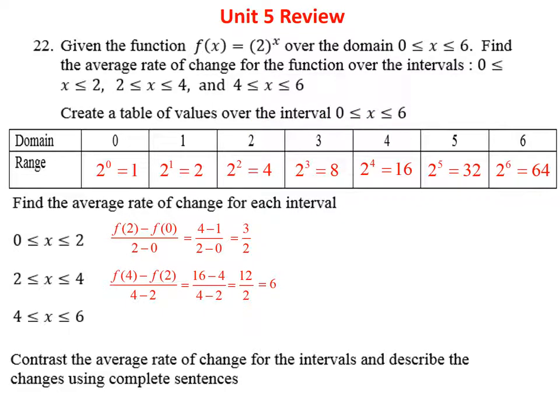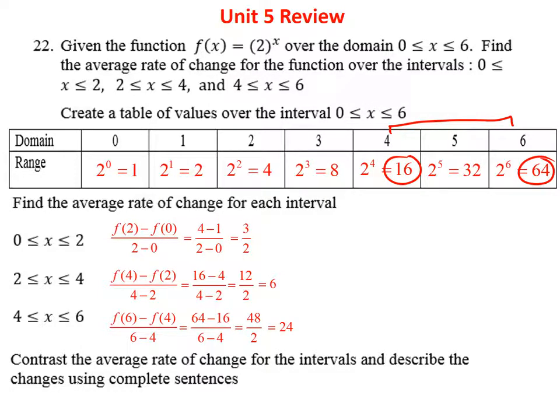Finally, we go to 4 and 6. Between 4 and 6, it goes from 16 up to 64. So the function at 6 minus the function at 4, divided by 6 minus 4. So we get 64 minus 16 over 6 minus 4, 48 divided by 2, or 24.